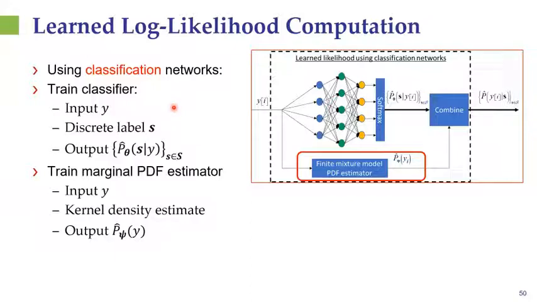And we can build upon the fact that, for example, we know that the input is discrete, so the marginal distribution of Y has to obey some finite mixture model.